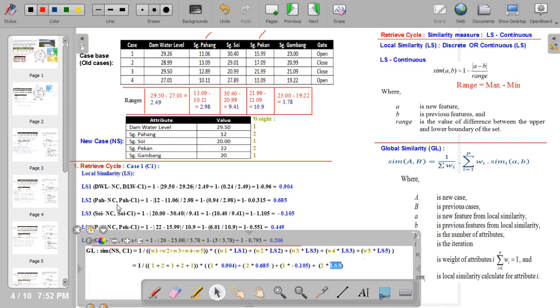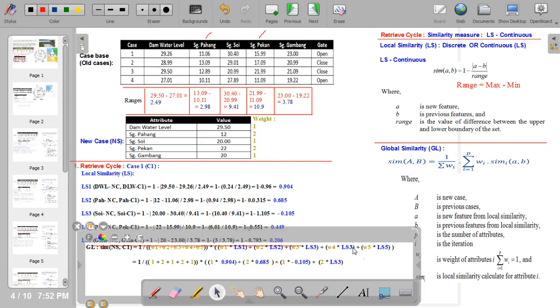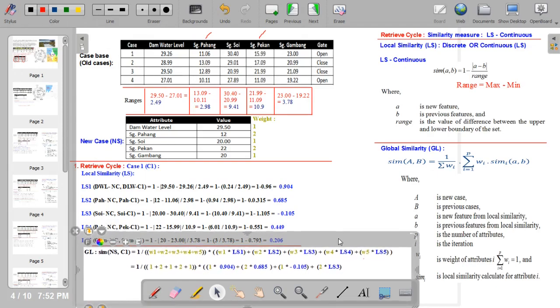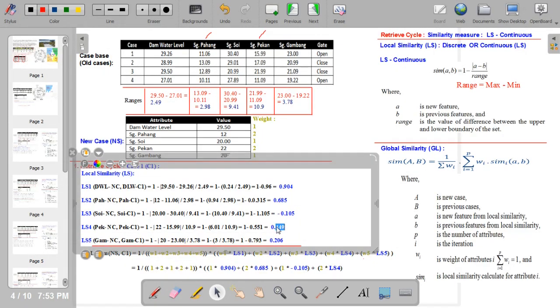Where the LS3, oh sorry, here it should be LS4. Sorry, here should be LS4 because it is for the fourth attribute, right? LS4 is equal to 0.49, right?